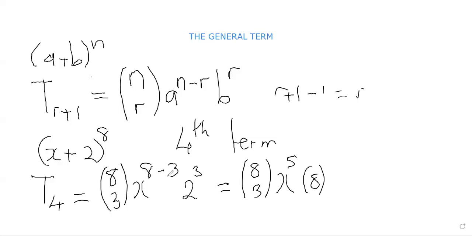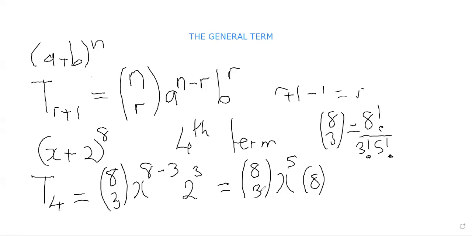So 8 choose 3, use the binomial or the factorial notation. So this is going to be 8 factorial over 3 factorial, next 8 minus 3, which is 5 factorial.